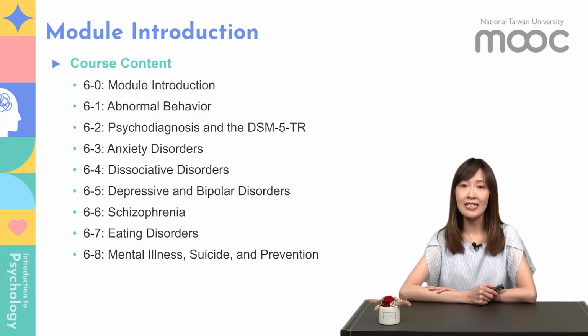We will also look at depressive and bipolar disorder, schizophrenia, and eating disorders. And then we will focus on the relationship between mental illness and suicide, which is an important topic. And then we will look at the warning signs of suicide and, more importantly, how to prevent suicide. After you watch the video, remember to take the Week 6 quiz.